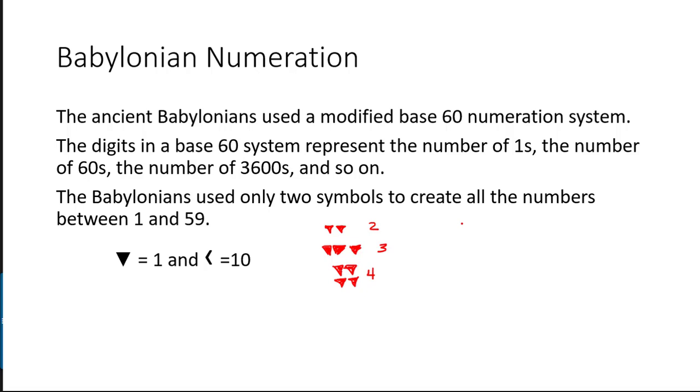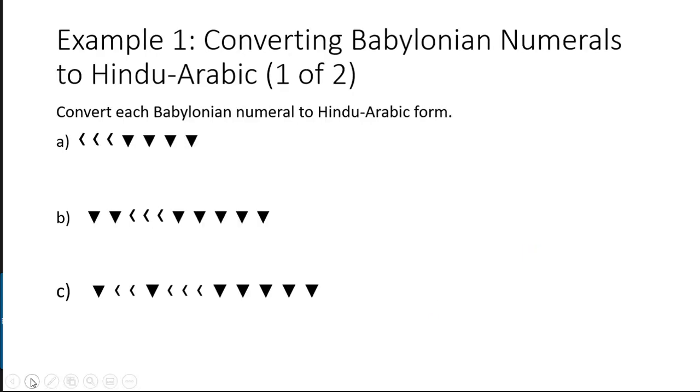If you wanted to write the number 11, you would need to have a 10, and then you would need to have a 1, so that would be 11. If you wanted to write 23, you would need the 3 1s, and you would need 2 of the 10s. That would be 23.